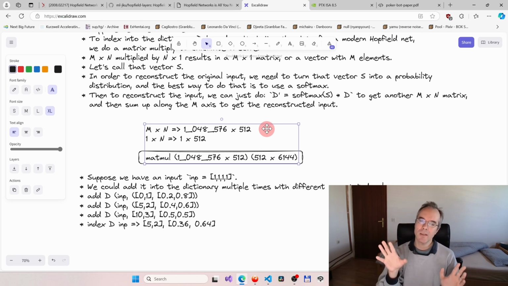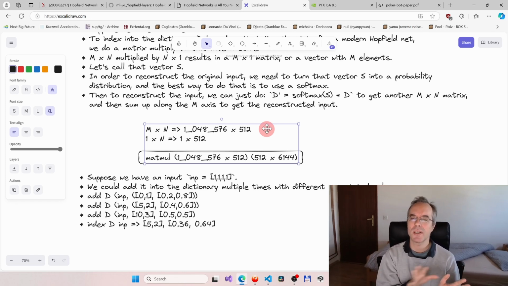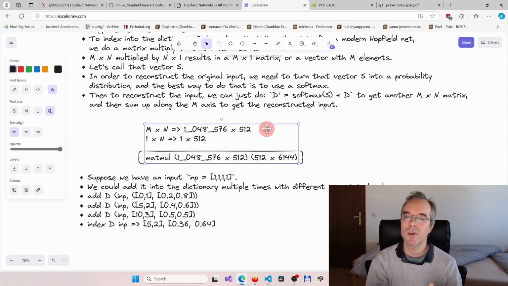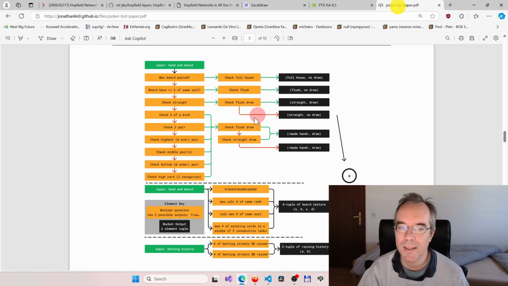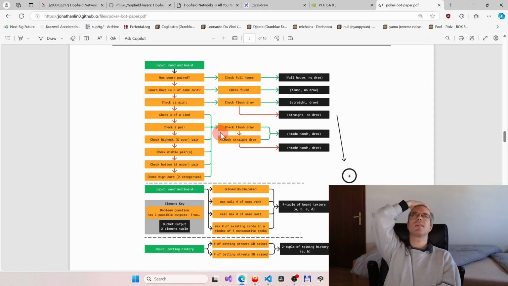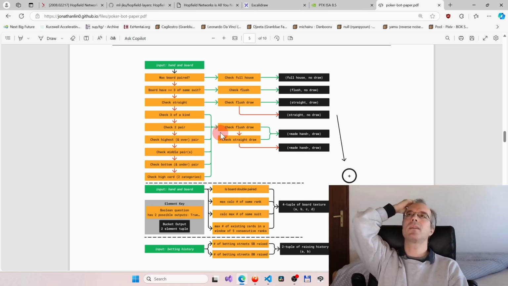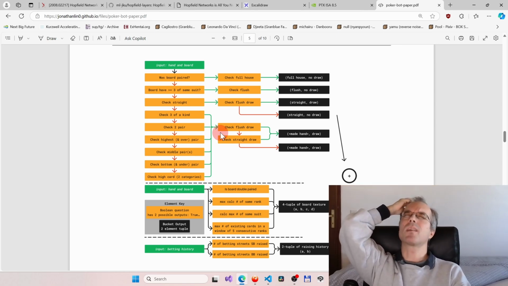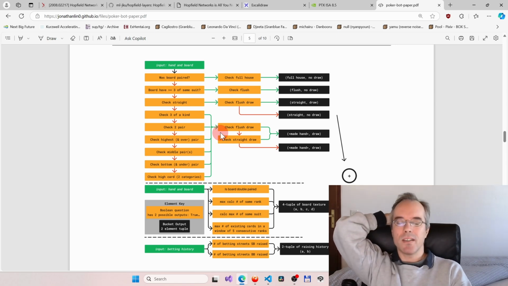The computational effort of adding extra features into an associative memory doesn't scale like a product. If we added a hand rank to a bucketing method such as this, the number of possible states would automatically be multiplied by 9 because there are 9 possible ranks in poker.